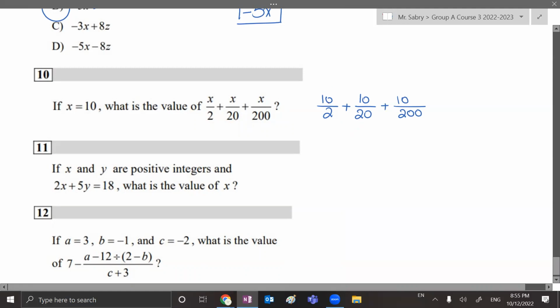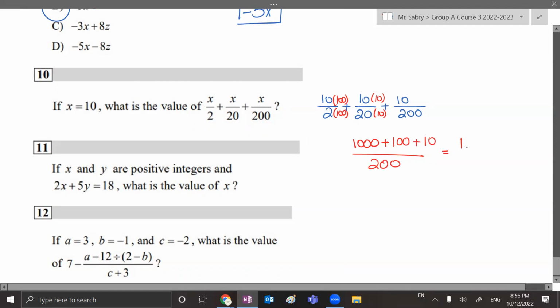Which means I need to multiply this by 100 up and down, and I need to multiply this by 10 up and down, so that they're all 200 in the denominator. Now the denominator is all 200. I'll add on top: 10 times 100, that's 1000, 10 times 10, that's 100, and 10 as it is.